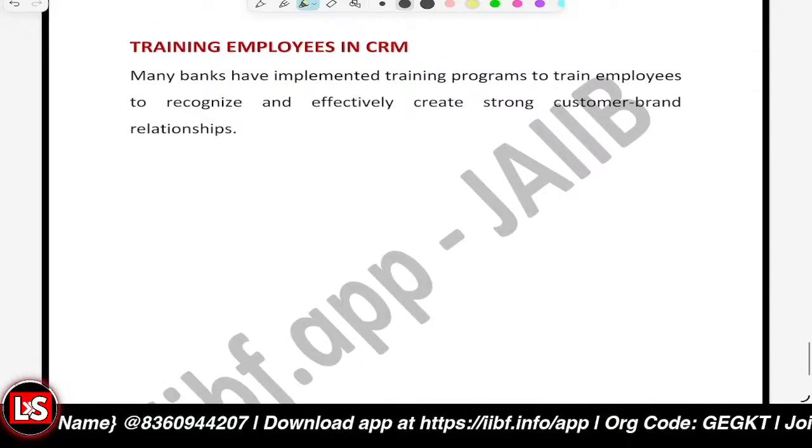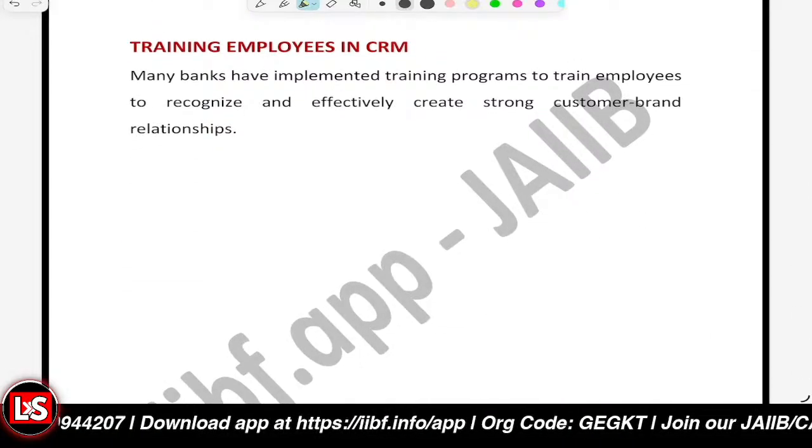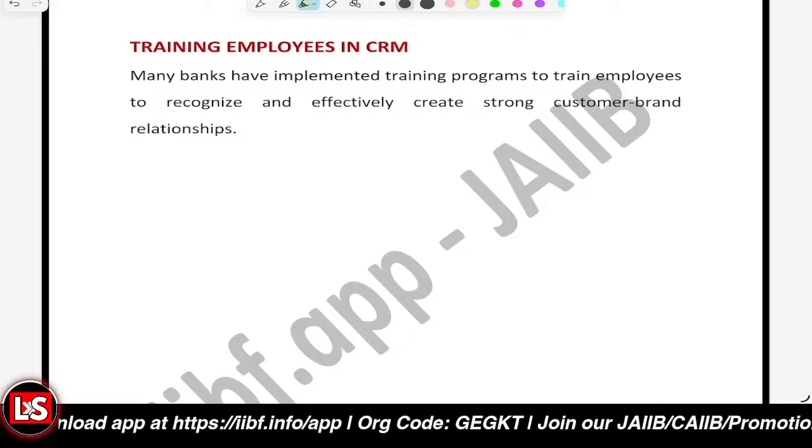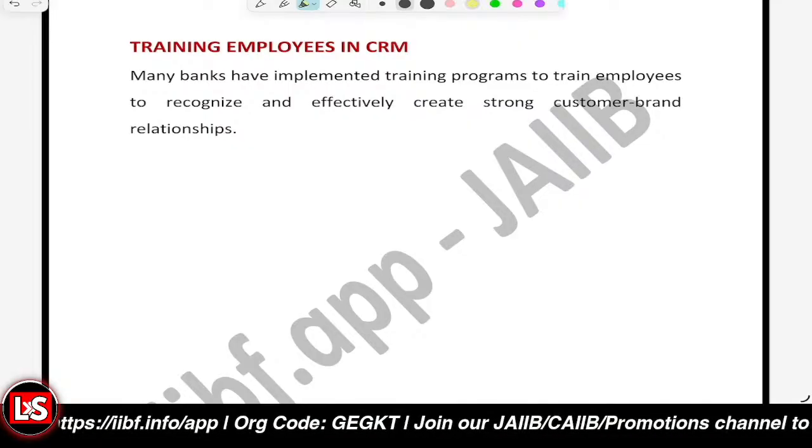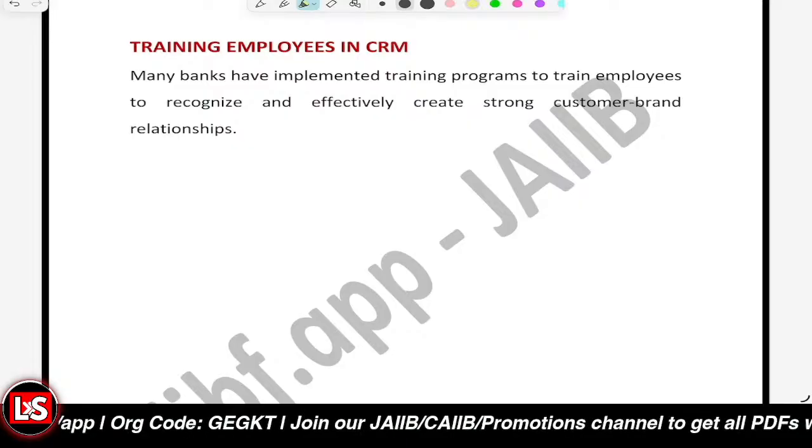Then it's about training the employees in CRM. Customer relationship skills are to be given. They are to know how to use the CRM software. They are to handle the complaints.